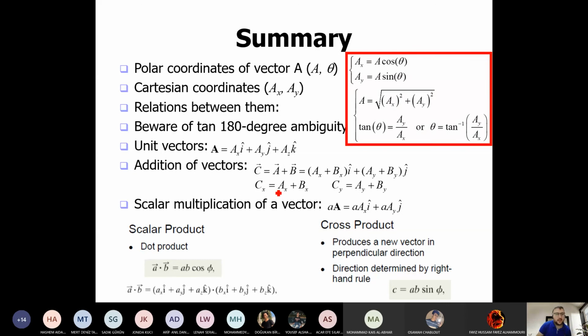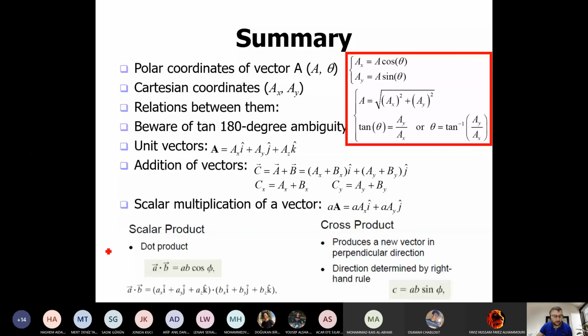Another is the product of two vectors, where you multiply two vectors with each other. To multiply two vectors, there are two ways: the scalar product and the cross product. Scalar product is also known as dot product. So a dot b is equal to ab cosine phi, where a and b are magnitudes and phi is the angle between the a and b vectors.